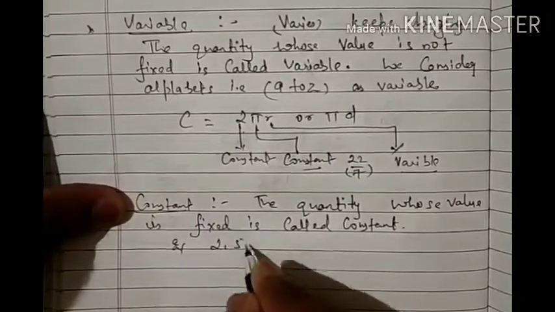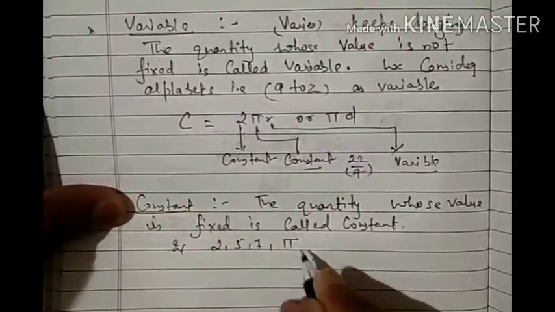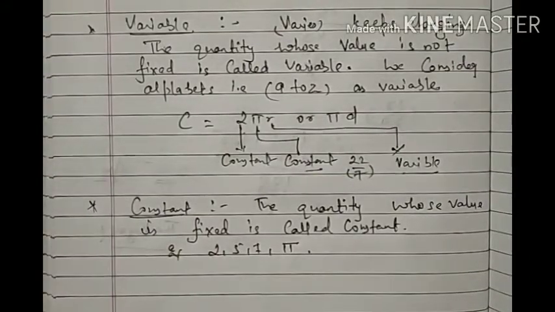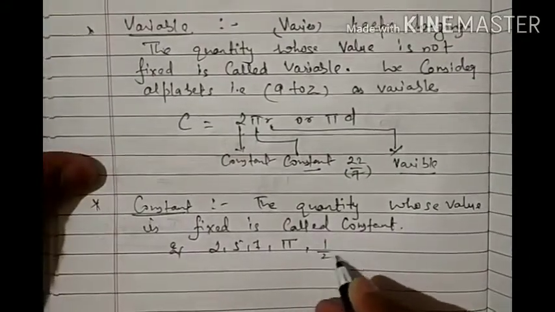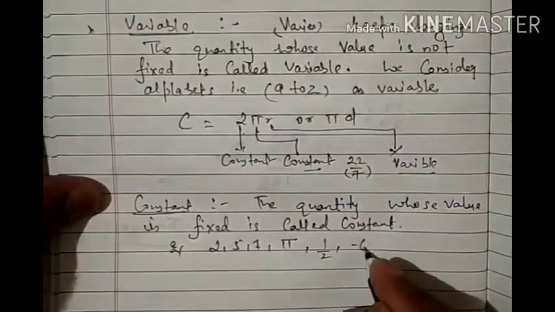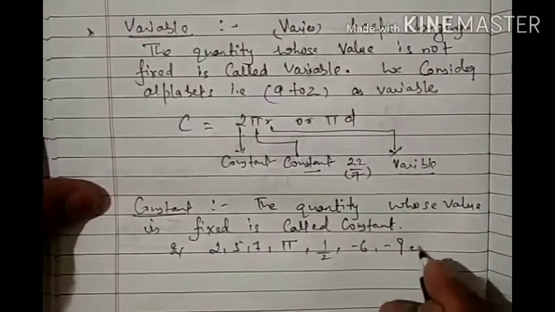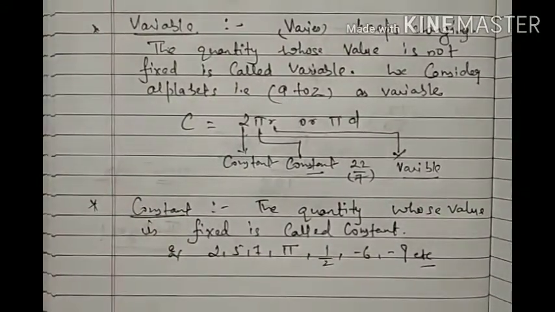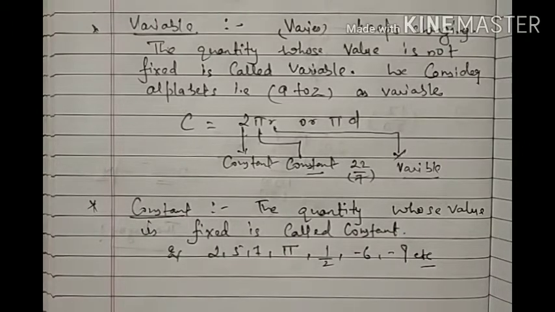Example 2, 5, 7, pi, all of these are constant term because its value is fixed. And even we can consider fractional terms, that is 1/2, in negative integers, -6, -9, etc. Any quantity whose value is fixed is called constant, and the quantity whose value is not fixed is called variable.